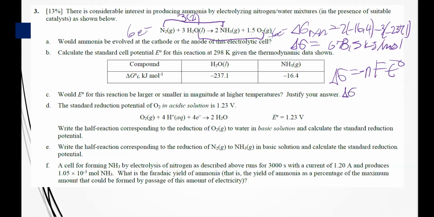So that gives us delta G is equal to -6. And then what's F? Faraday's. 96485 coulombs per mole of electron. And then we have E naught. So this should get turned over into joules, so 678,500 joules.